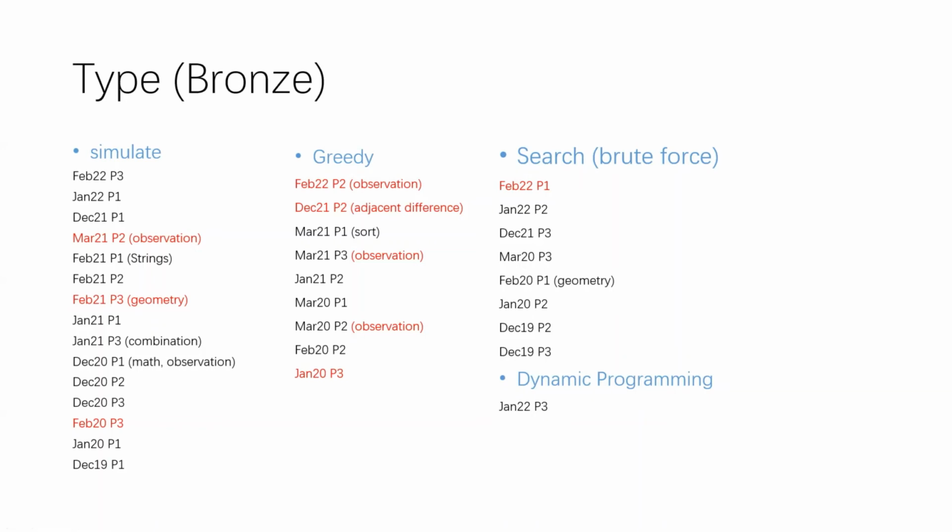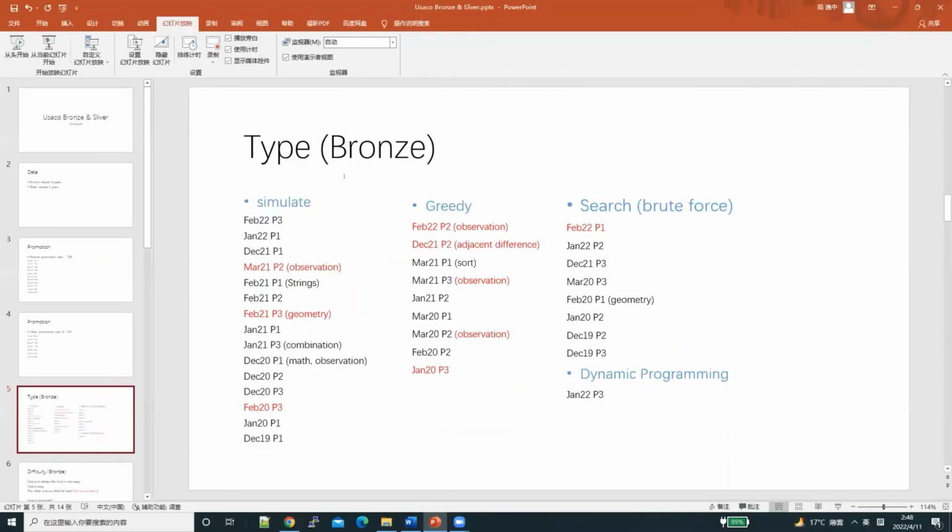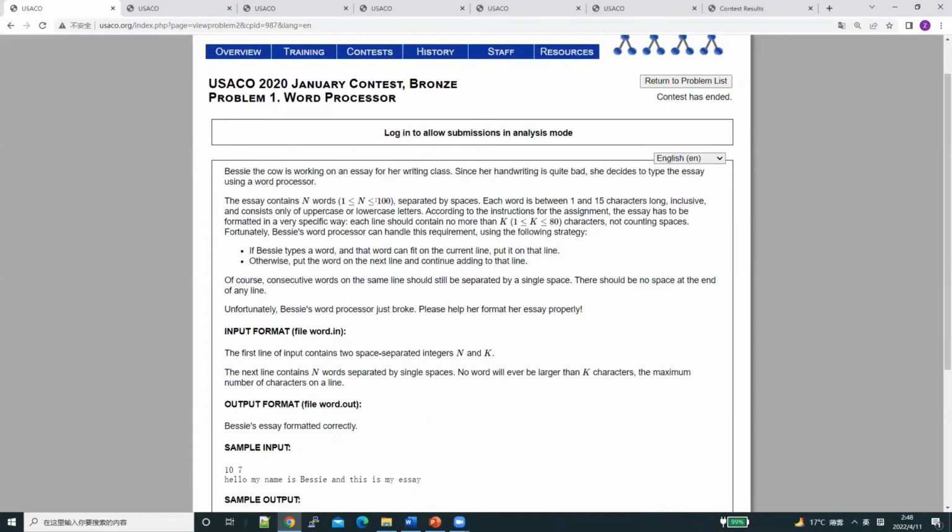You just write code and do what the problem asks you to do. And many simulate problems are very easy. For example, I will show you a very easy simulate problem like this one.